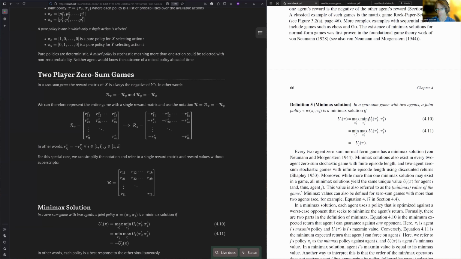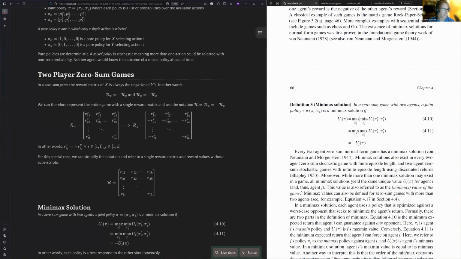And this value, remember, is the reward for the first player. So the second player will always try to minimize this because their reward is negative this. So minimizing this for them is the same as maximizing their reward, minimizing the first player's reward. And then the first player is trying to maximize the reward.